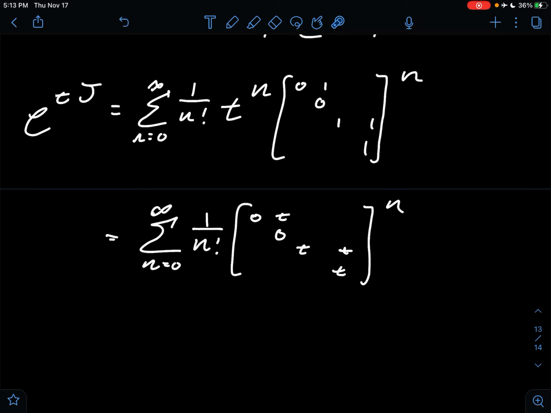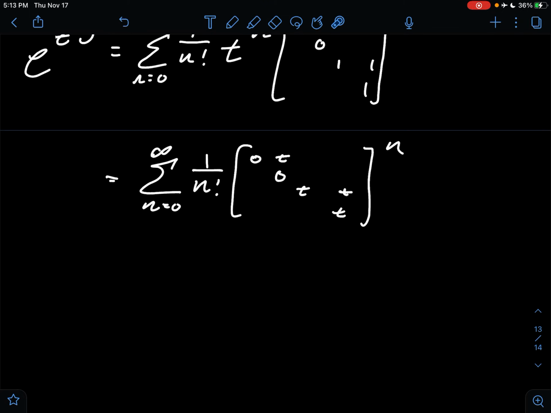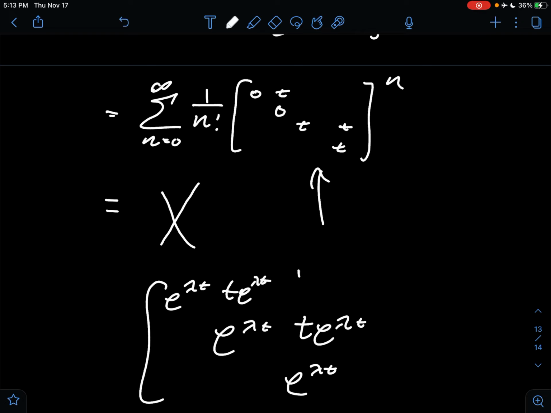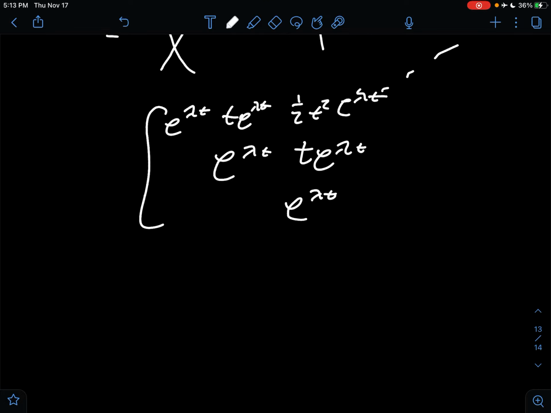And I'm not going to show it in full, but this is actually equal to X. Because when you take a Taylor series like this and raise this guy to powers, we've been looking at powers of Jordan canonical form of matrices, we will get that thing that we wanted: e to the lambda t, e to the lambda t, e to the lambda t, t e to the lambda t, t e to the lambda t, 1/2 t squared e to the lambda t, you know what I mean, and on and on. That's just what happens when you take this series.